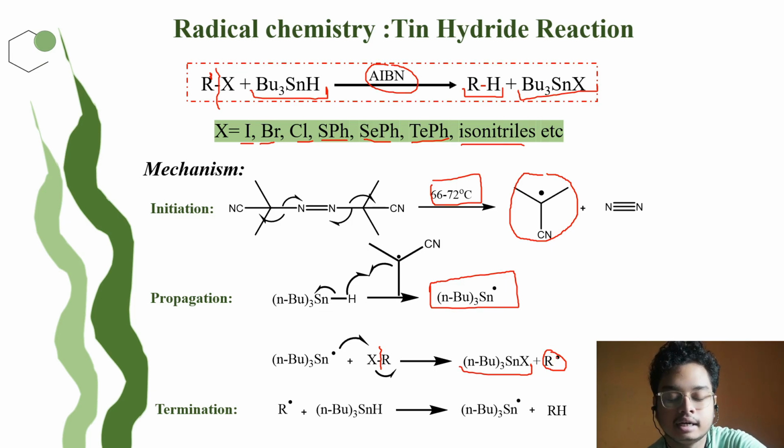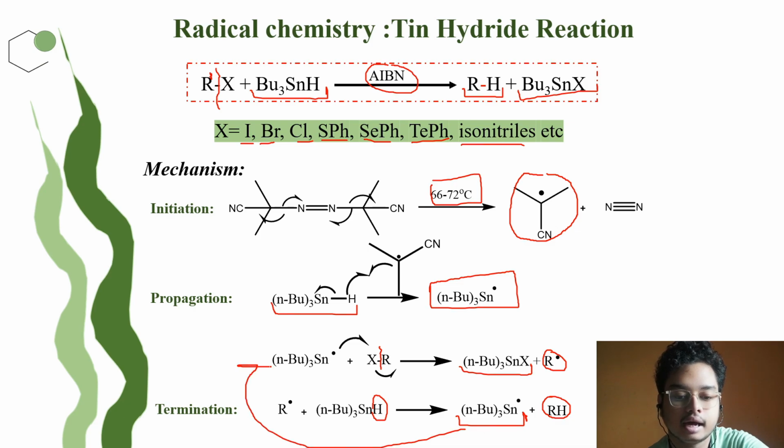This R radical will again attack fresh tributyl tin hydride and take the hydride from here to generate the RH. This is our product, and the tin radical will again enter this step to sustain the chain reaction.